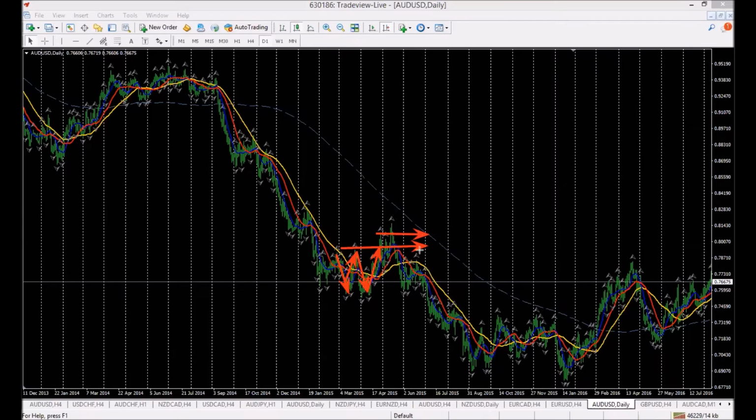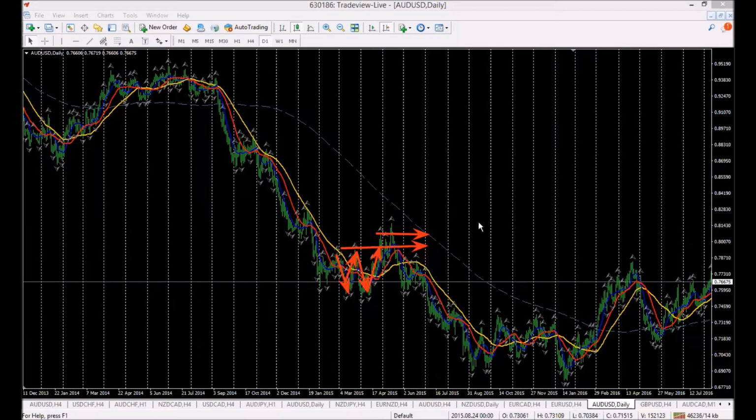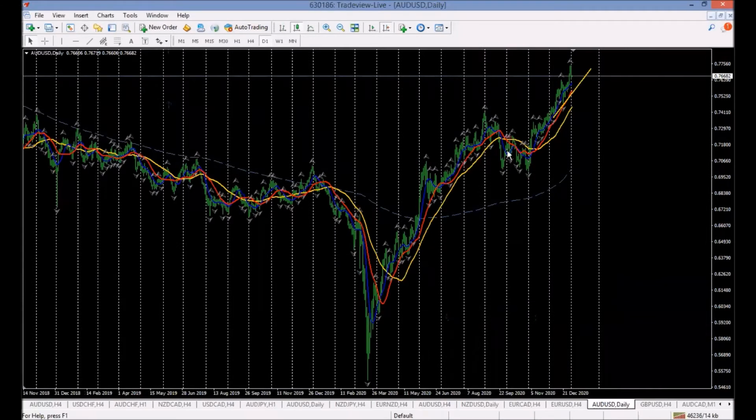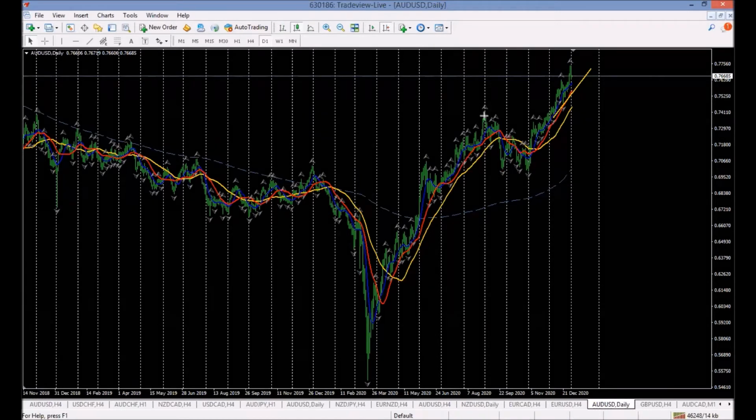So if we look at that there, and then we compare that, so that's a midway W. We compare that to this one here, which is another midway W. And then we apply the same sort of analysis, right? So we got the bottom, we got the here, down, up.